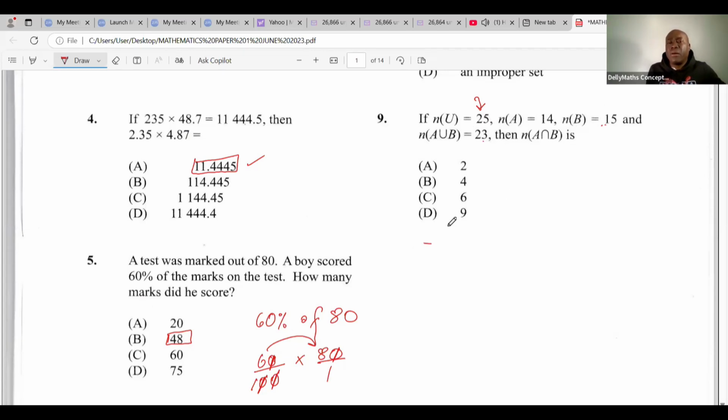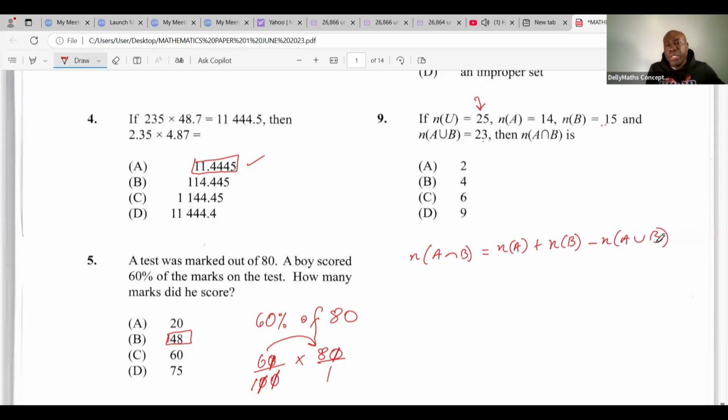There is a general formula that we use, and it states this. I'm going to use A and B. The number of elements in A intersect B is going to equal the number of elements in A plus the number of elements in B, and we're going to subtract the number of elements in A union B. So basically, this is a general idea that we can use to solve problems that look like this.